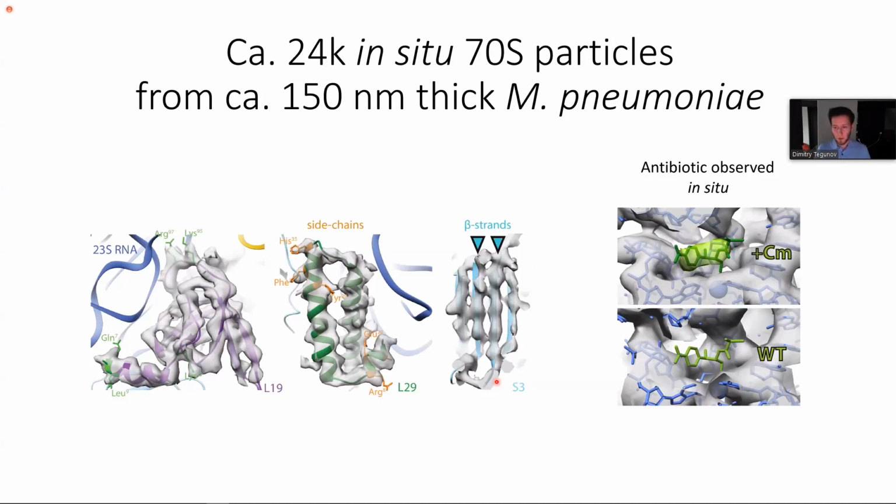And at this resolution, we were able to observe this chloramphenicol molecule directly inside the map. Now, as a control, here you can see a map from non-stalled ribosomes. This is still a bit lower resolution. It was refined with an earlier version of M. But still, I think we can see clearly that chloramphenicol can be distinguished in this map.